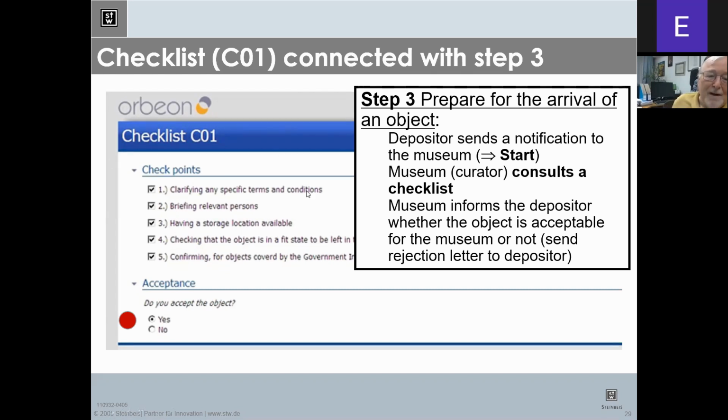So, for example, clarifying any specific terms and conditions, briefing relevant persons, having a storage location available, and so on. So it has different checkpoints which you have to check. You can say, okay, this is fulfilled, this is not fulfilled. And some responsible person for the acquisition of an object has to check this.